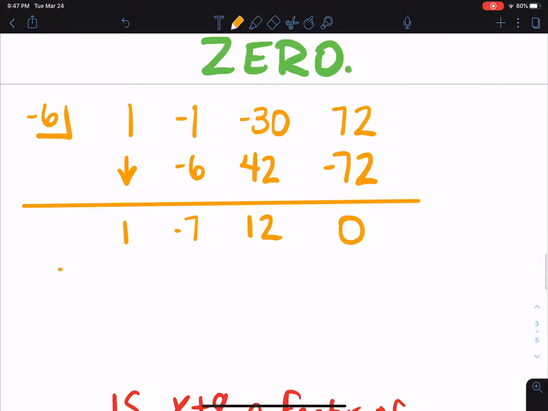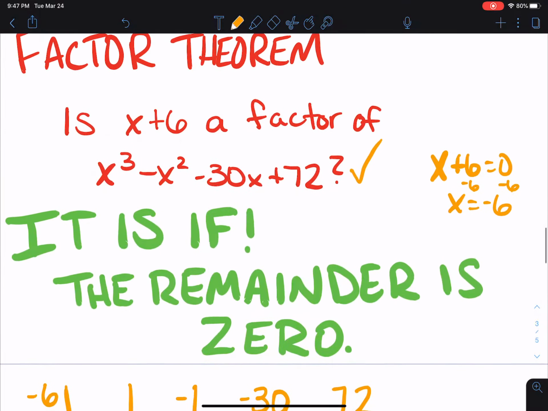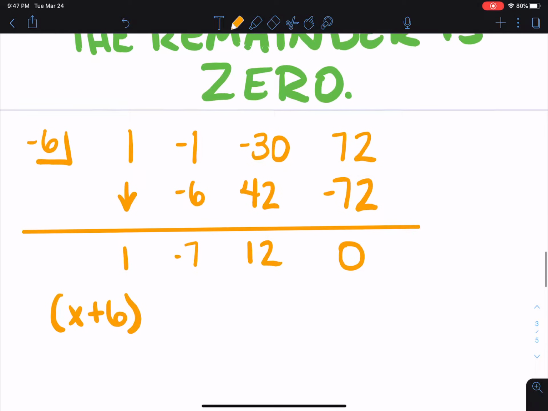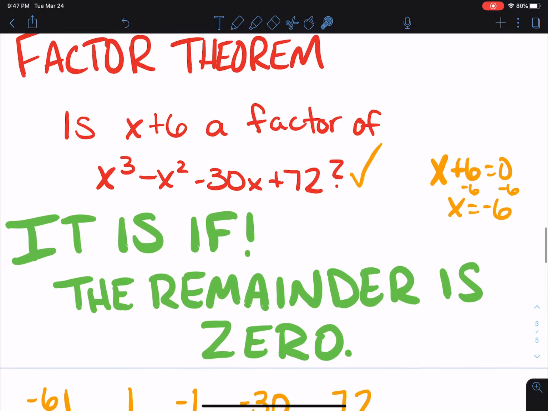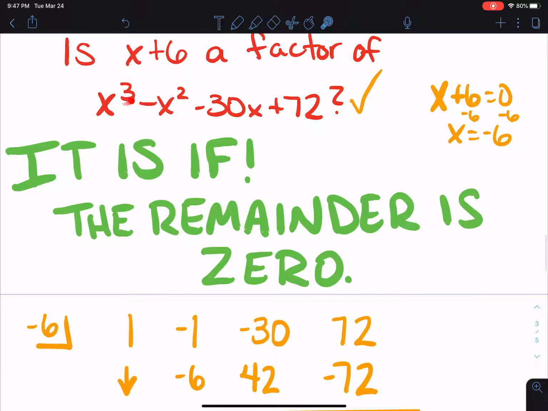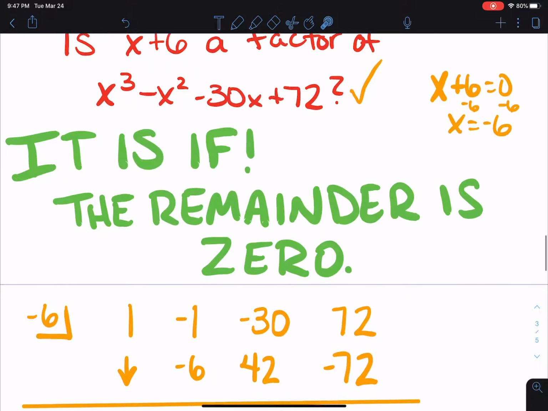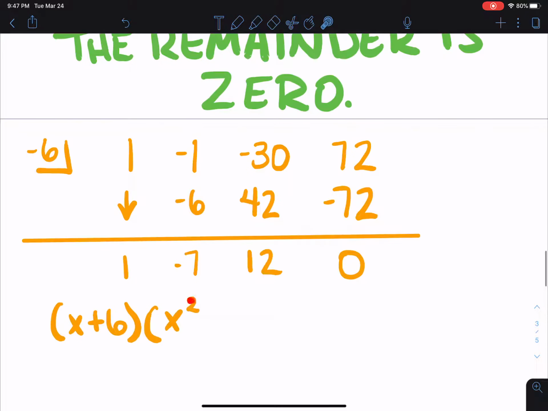So we can say that x plus 6 is a factor, and now x squared comes from right here. X squared, we want to go one less than whatever this degree is. So this degree is 3, so this degree should be 2.